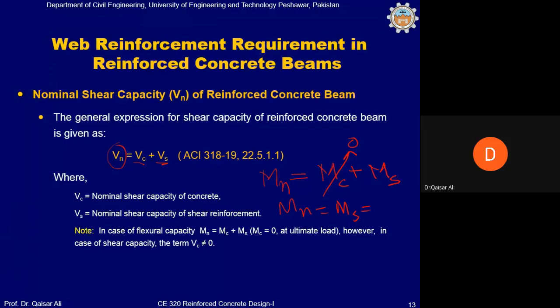In the case of shear, as we have seen in the previous 2 videos, even till failure there is resistance from concrete in shear, and that shear capacity, called the shear capacity of concrete, will be utilized in shear design.